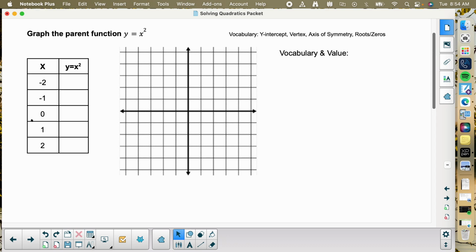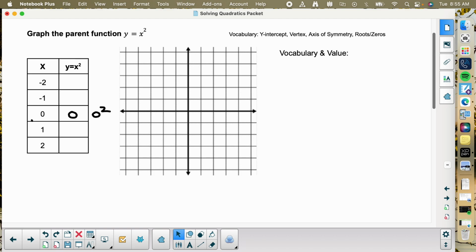Next to the number 0, we are going to put it in the equation that we were given. So x equals 0 means we're going to do 0 squared, which is still 0. How do I put this on a graph?